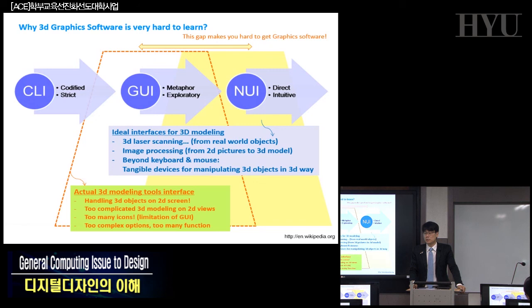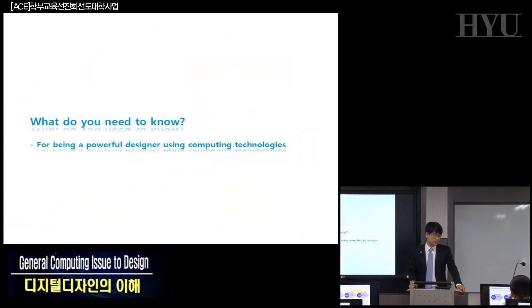You have to memorize again and again. It's a never-ending process. You need to know what happened and how to make it using fundamentals and understanding behind the technologies. That's my point in this introduction to design computing course, okay?